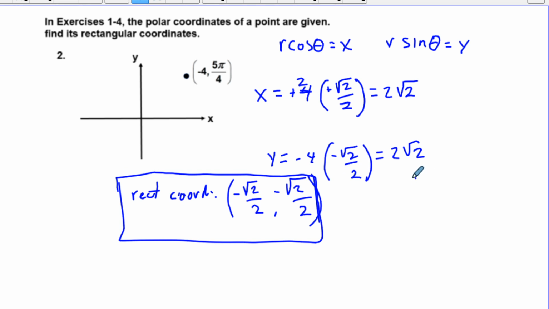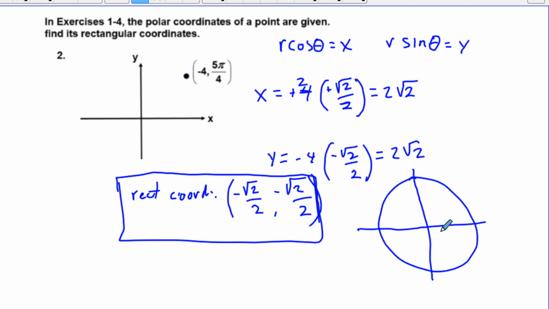Okay, Noah, if you go back, you remember the unit circle here. 5 pi over 4 is down here, and it's the same as negative 200, the same as 225 degrees.